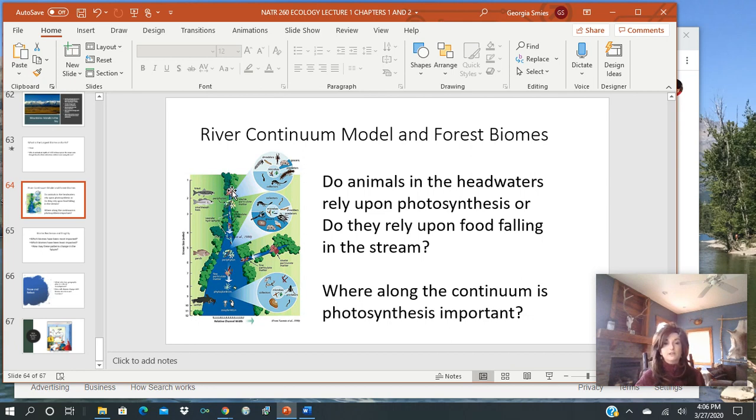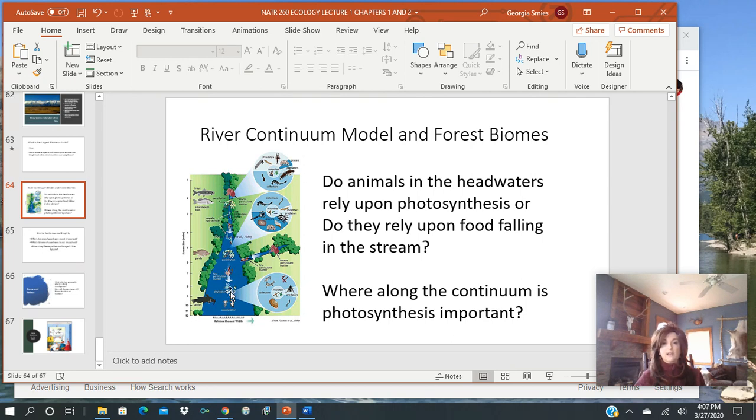Most of the food coming into the stream at the top is from leaves from the trees themselves. Most of the food coming into the river or the stream down gradient is just what flows down from above. Notice the banks are further apart. You're not going to get a lot of food from riparian vegetation. It's going to be brought downstream.